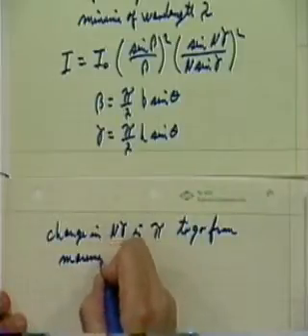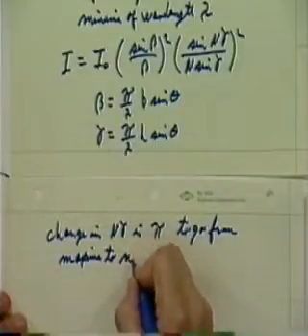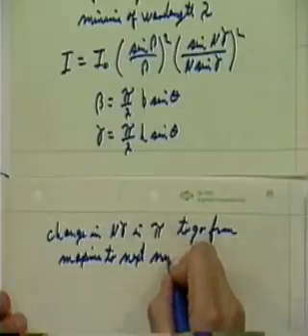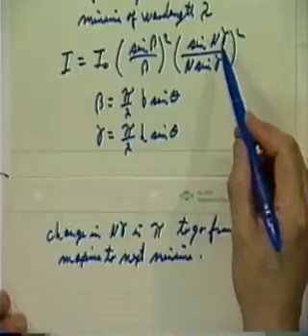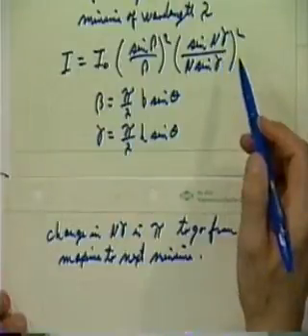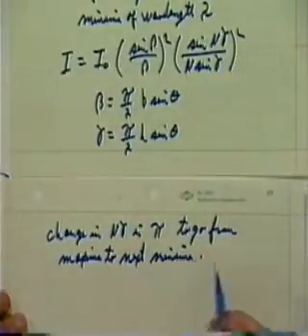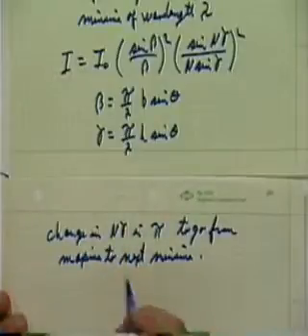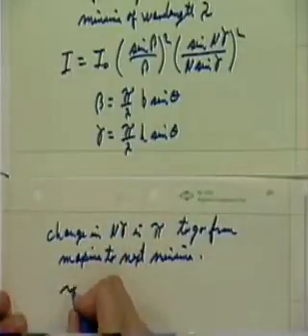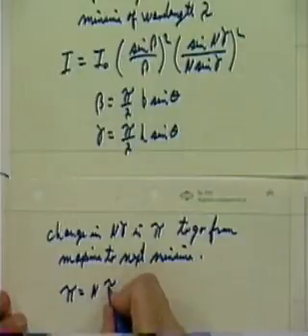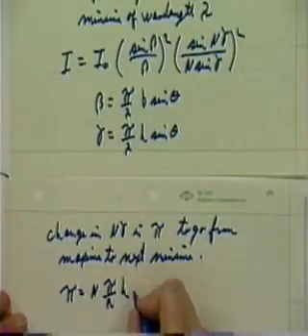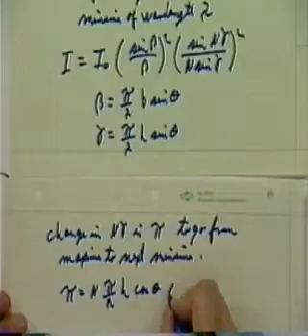So n gamma will change by pi. So we would have here the angle for that will be when pi is n pi over lambda h cosine theta d theta.